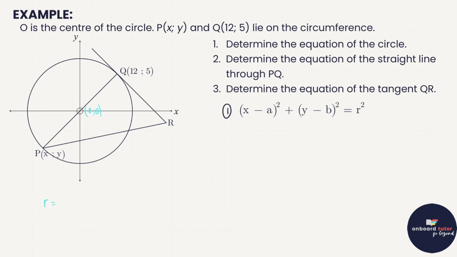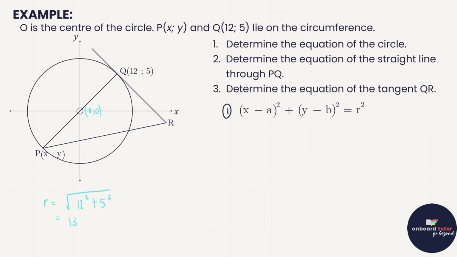According to our distance formula, it's the square root of (x2 minus x1) squared plus (y2 minus y1) squared. Because both of those are subtracting 0, it's going to be quite easy. So 12 minus 0 squared plus 5 minus 0 squared, all in a square root. Type that all in on your calculator: square root of 12 squared plus 5 squared, and we get a nice neat answer of 13.